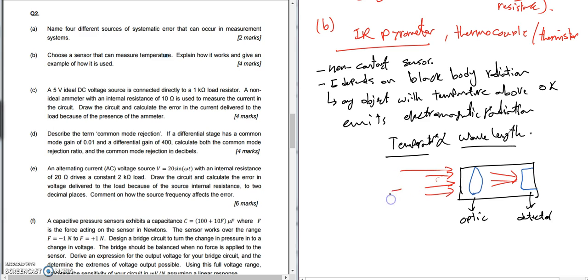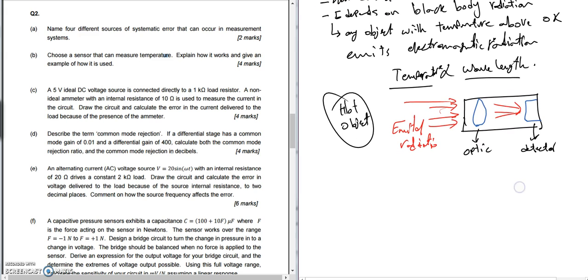This is emitted radiation coming from basically a hot object. What the IR pyrometer does is that it detects the wavelength and relates it to the temperature of the object.